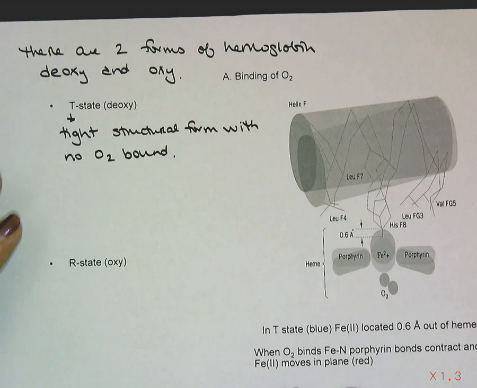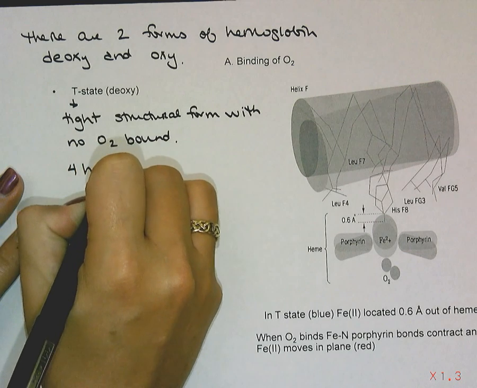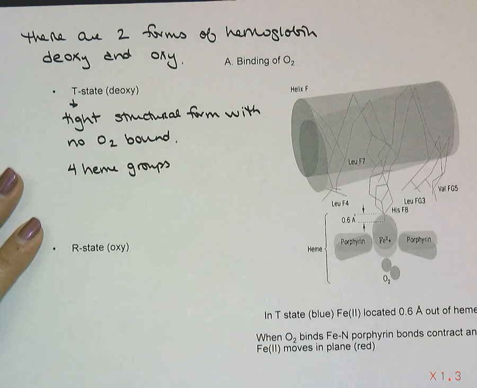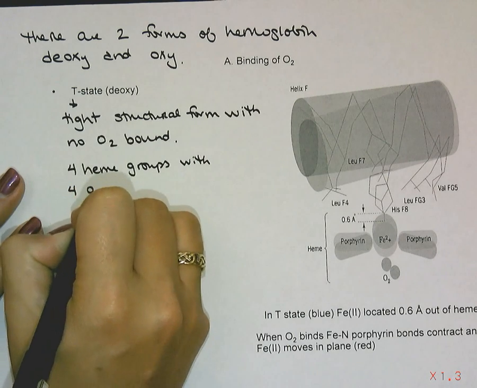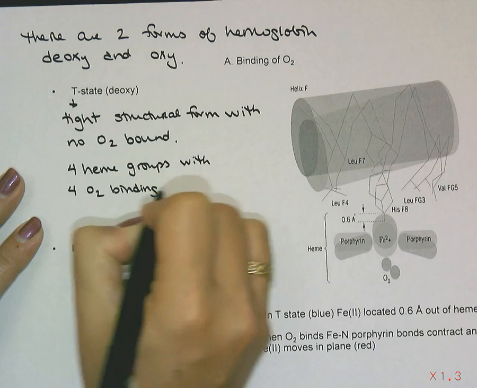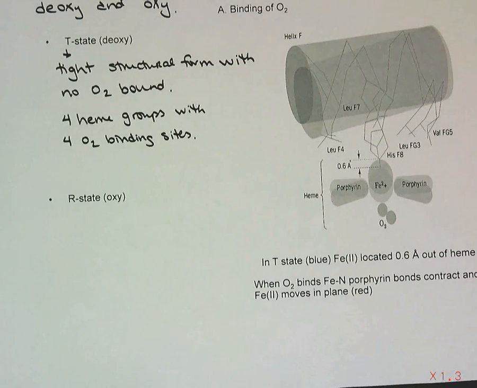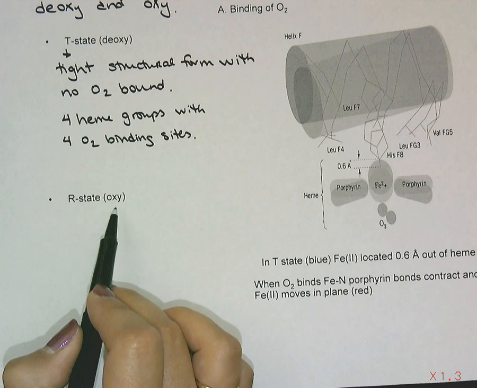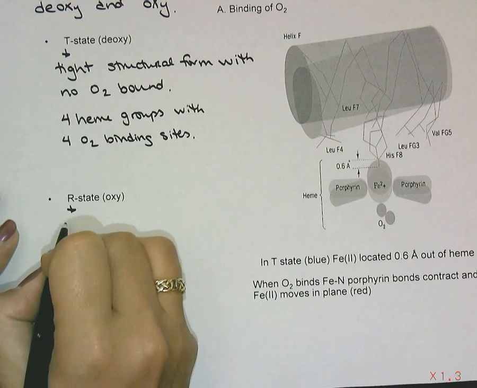So in the T state, there are going to be four heme groups with 4 O2 binding sites. Okay, then the other version is the oxygenated state, which is also called the R state, where R stands for relaxed.